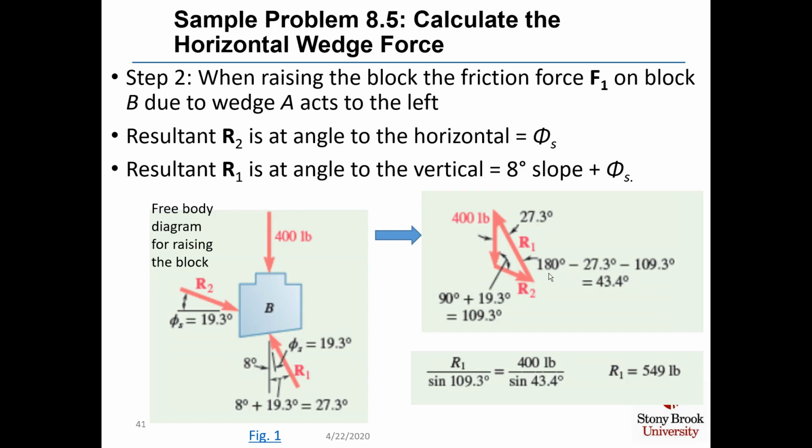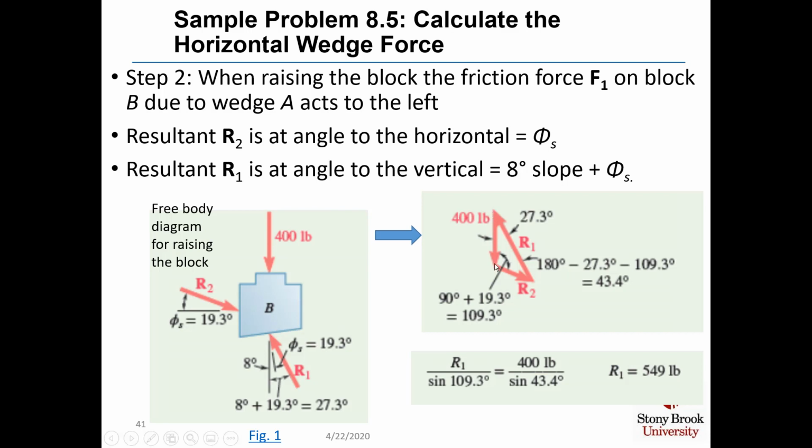When raising the block, the friction force F1 on block B due to wedge A acts to the left. Therefore, we draw R1 pointed partially to the left, by 27.3 degrees. Now we've got the right angles and relative directions for R1, R2, and the 400-pound force. We can draw them tip to tail in the force triangle.